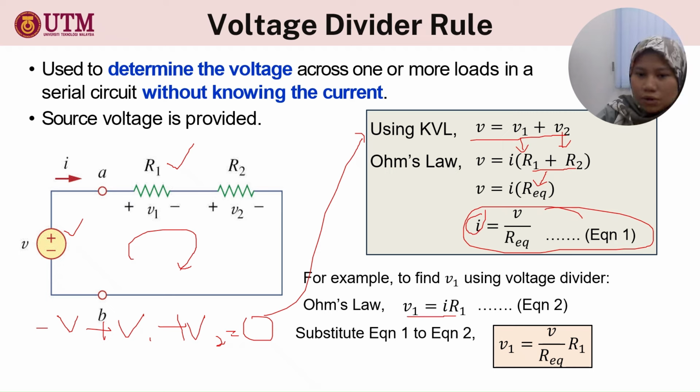So how do we include this I equal to V divided by Req into this equation? Okay, so we get this equation. V1 is equal to V divided by Req multiply with R1. So this is the VDR equation.